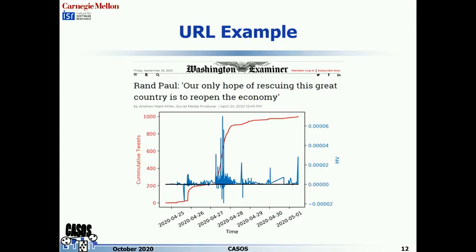And one interesting example is this URL from the Washington Examiner on Rand Paul's "Our only hope of rescuing this great country is reopening the economy." We can see that initially there were just a couple of shares, and then this highly community-central node, a hub, shared it and it spiked.